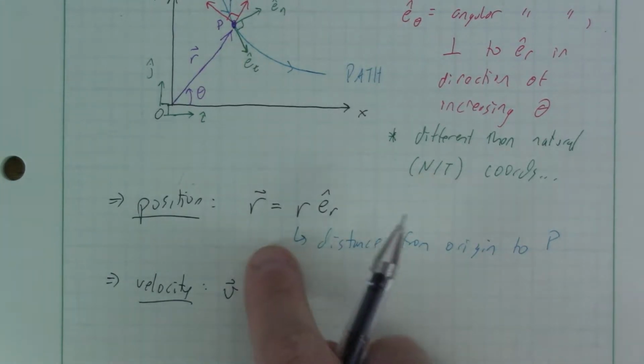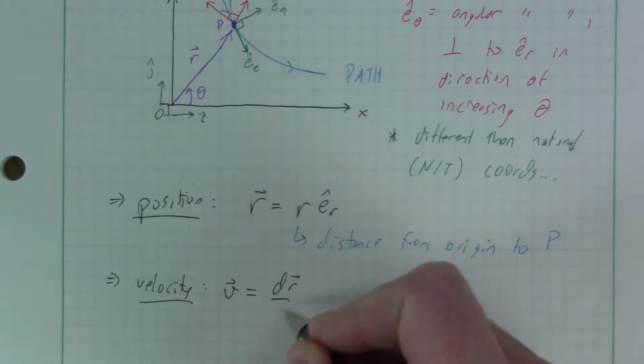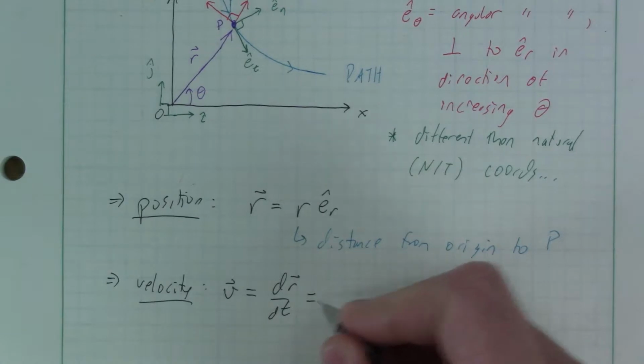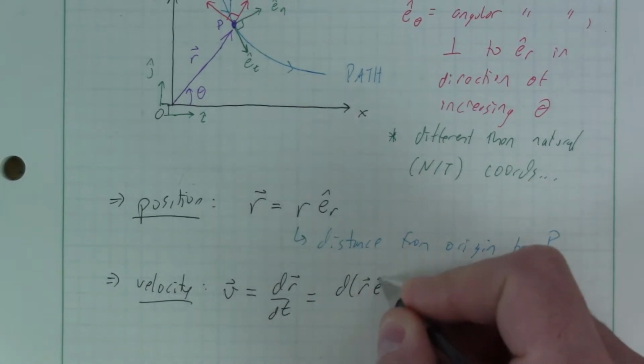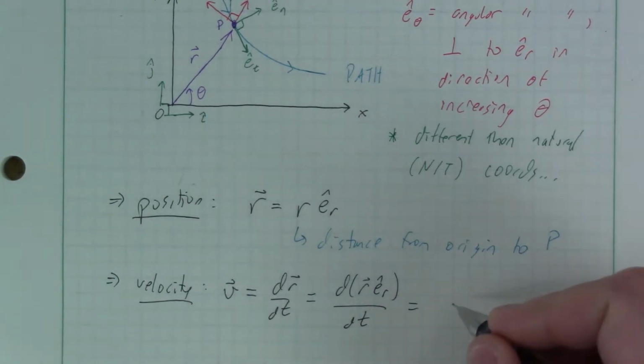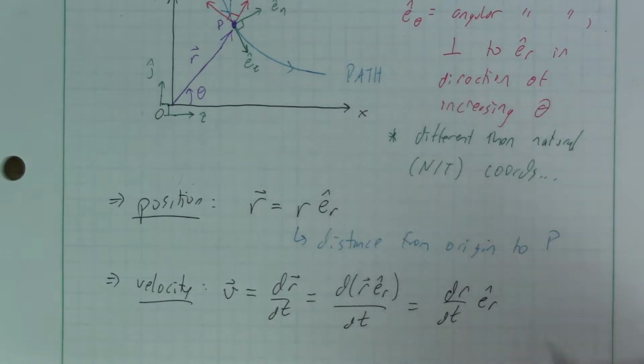Okay, back to this. So we have our velocity vector, v. This is general, just always true: dr/dt. Now let's plug in our form for our position vector. This is then dr/dt e hat r. And now be careful.